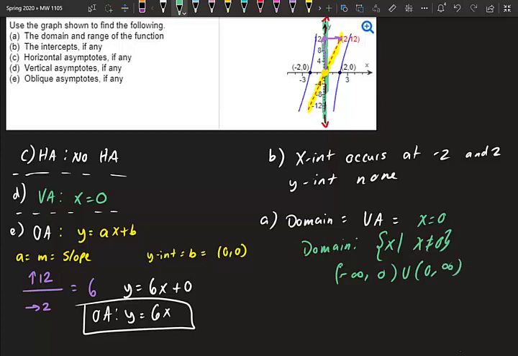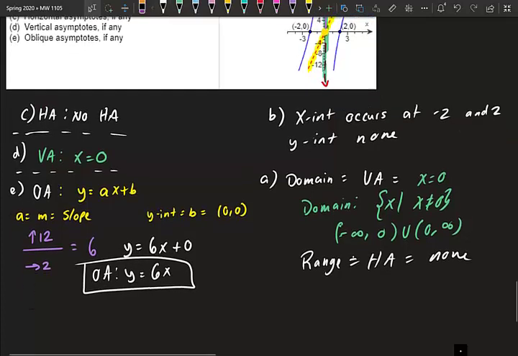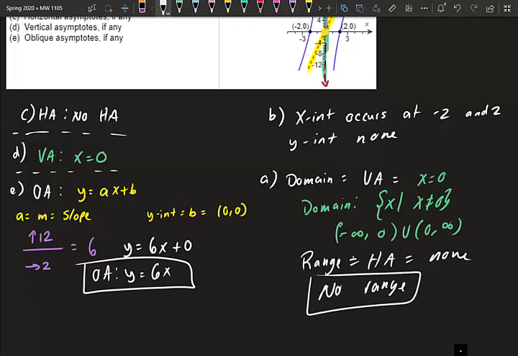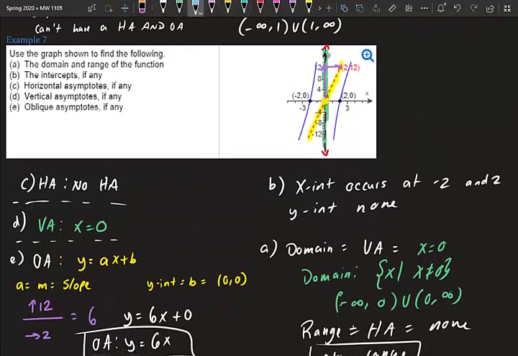Our range, that's your horizontal asymptote. We have no horizontal asymptote, so there is no range. And we can also look at the graph, because doesn't it keep going up and down forever? You see how it just keeps going up and down forever? So it's going to go infinitely on the y's.